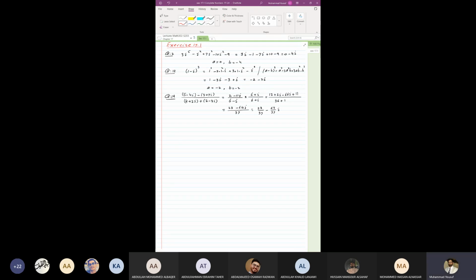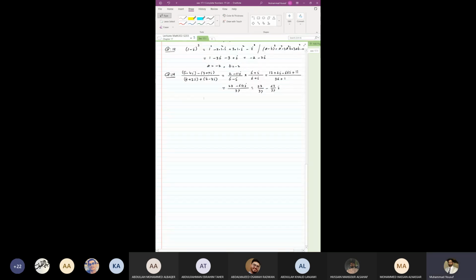So these are some very basic operations on complex numbers, and similarly in questions 37, 27 and 32 they are asking us some other things.